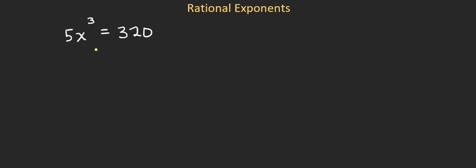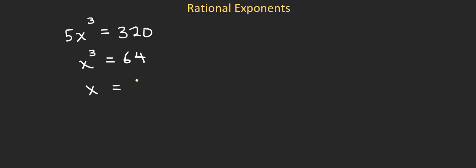Let's solve 5x cubed equals 320. In order to solve for x, we need to divide both sides by 5. So we get x cubed equals 64. And how do you get rid of the cube? You could take the cube root of both sides or raise it to the 1/3 power on both sides.